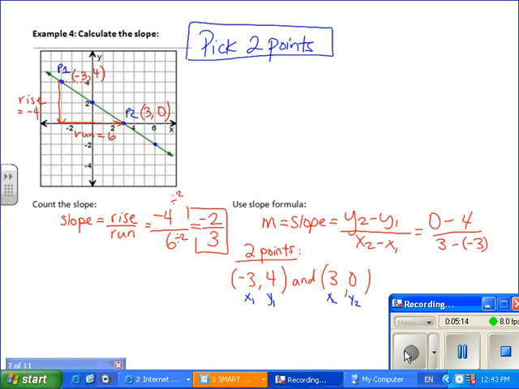I'm subtracting a negative, so my slope is equal to, on the top, 0 minus 4, which is simply negative 4, and on the bottom I have 3 plus 3, positive 6. So I have 4 over 6, and again that can be reduced because both 4 and 6 are divisible by 2. If I divide the top and bottom by 2, I get negative 2 over 3.